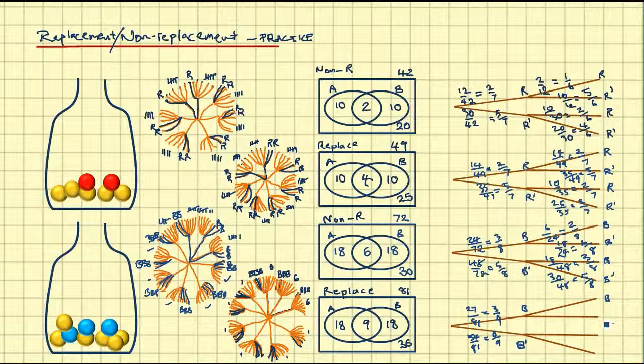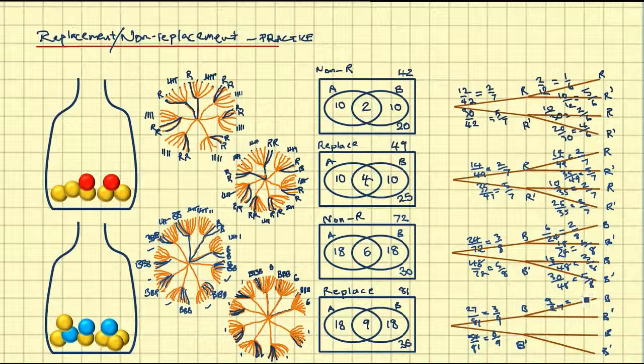So, see if we can fill in the final branches here, and check that these fractions should be the same as these fractions here. But let's work it out through reasoning first of all. So if I look at my diagram and think about getting blue in the second round, given that I did get blue in the first round, so it was a favourable outcome, then it's going to be 9 out of 27.